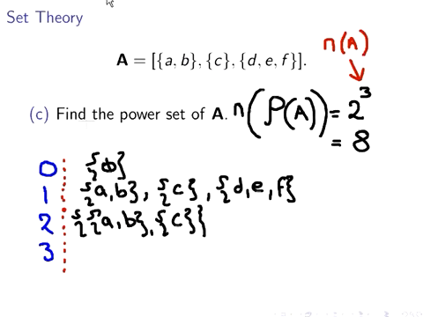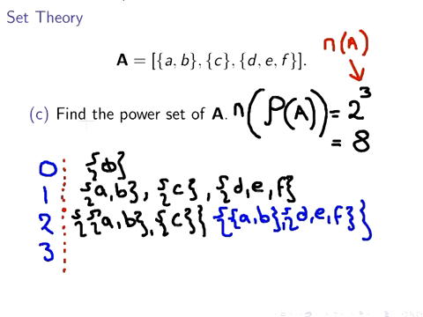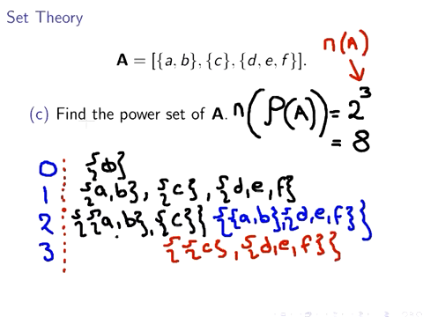The next one, I'm going to write in a different color just to be clearer, is A and B again, and this time with D, E, and F. And the last one of cardinality 2, I'm going to write in red this time, is C and D, E, and F. So those are the 3 subsets of cardinality 2 that we would be putting into the power set.